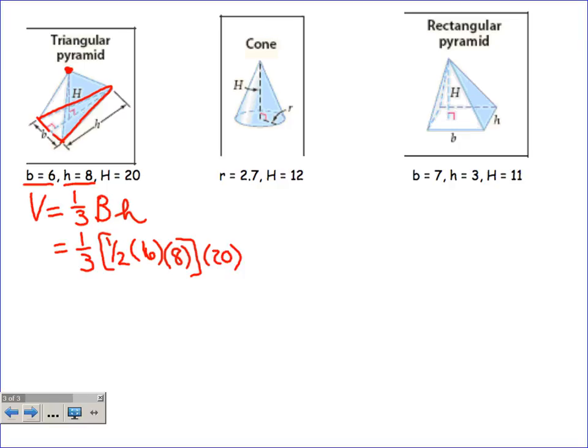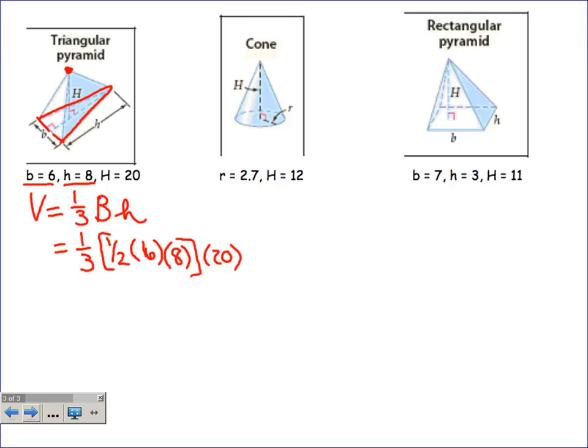Okay, Nicole? Let's go through this again. Here we go. 1/3 is 1/3. The area of the base, I'm just going to put all that stuff in the brackets. It's a triangular pyramid, so the base is a triangle. To find the area of a triangle, it's 1/2 base times height.